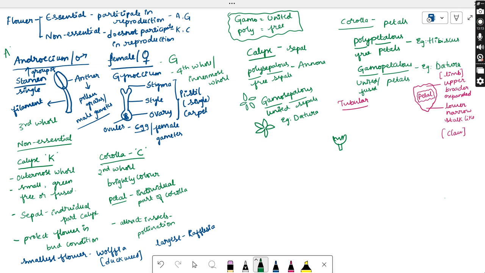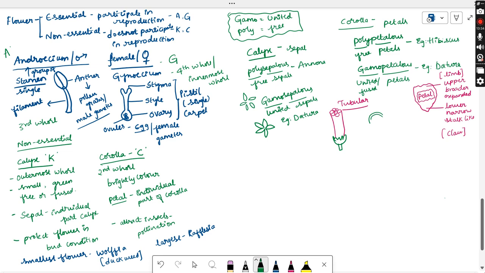The stack of the flower, that is pedicel. The outermost green color is the calyx, and the second one is a corolla. So if this corolla is attaining this type of structure, so those flowers are said to be in a tubular shape. And we have another case, bell-shaped flowers are there.